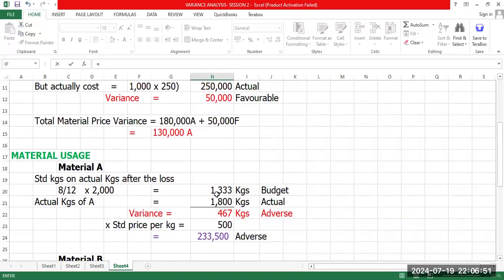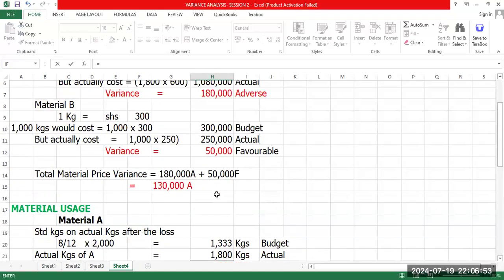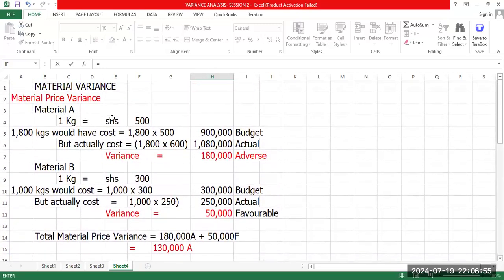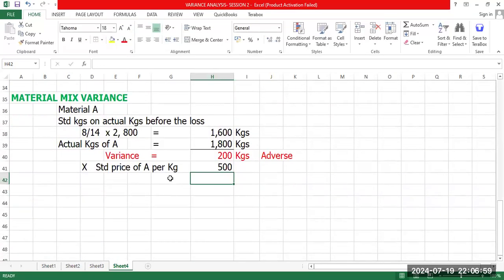Material price, it is 500. Finally, your variance will be equal to this times 500. And this is adverse.